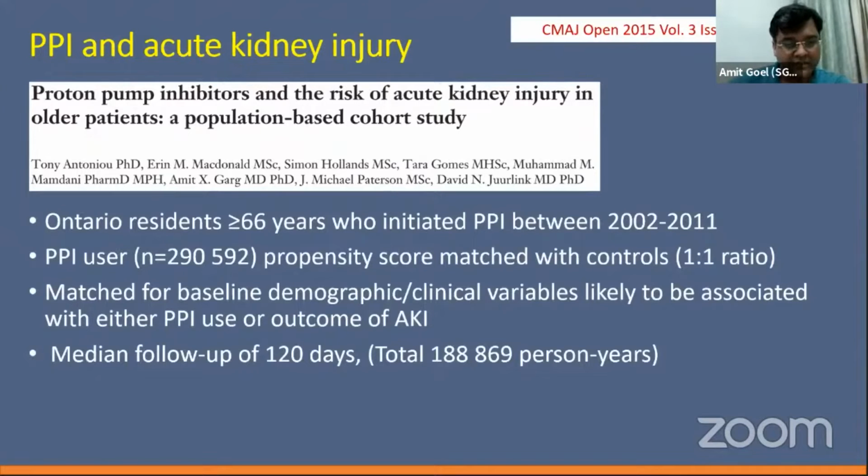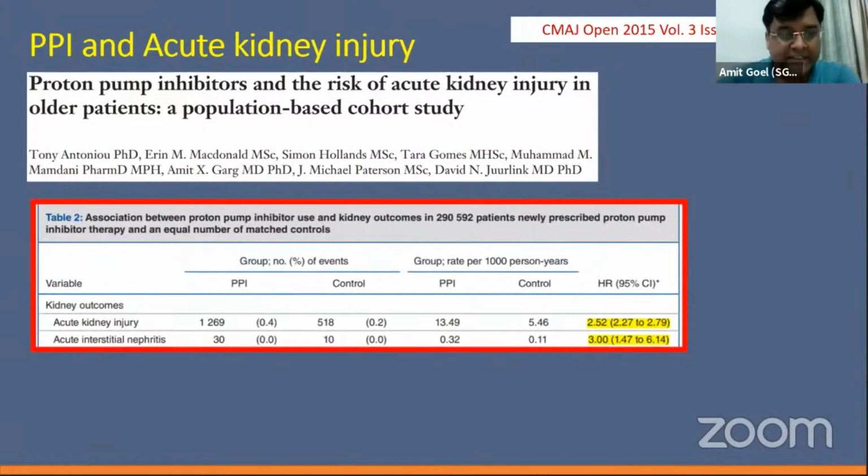So they were matched in a 1:1 ratio, and the median follow-up was 120 days. And we can see here that the hazard ratio for acute kidney injury was 2.5 times as compared to those who have not used PPI, in a short follow-up of 120 days only. So with increasing duration of follow-up, the hazard ratio may even go up.